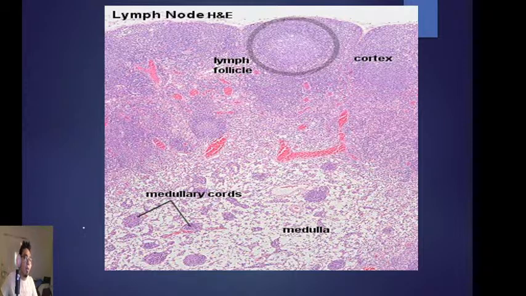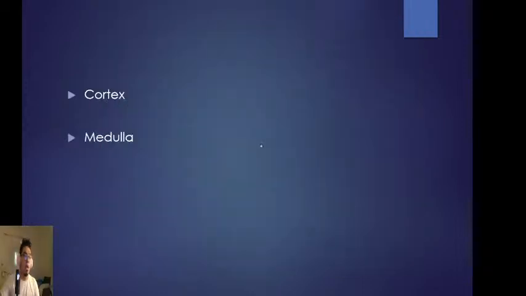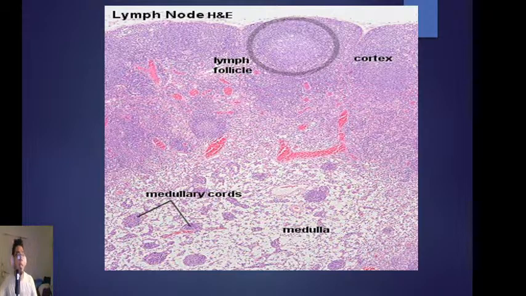There's medullary cords, and of course the red stuff that you see here, these are just blood vessels. That's basic histology for you guys. Hopefully you have retained some knowledge of your histology class way back in your first year or second year. So that is the cross section.